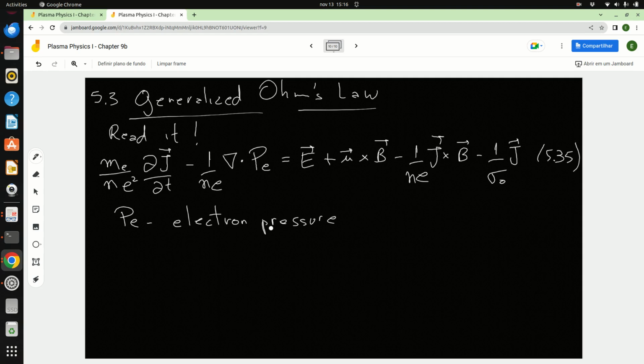Usually we consider that the electron mass is much smaller than this term here. Okay, so this is much smaller than n, the density, times the charge square. So usually electron mass is very small, right?